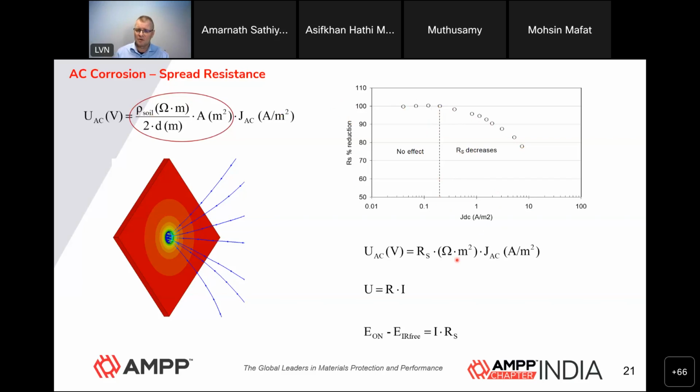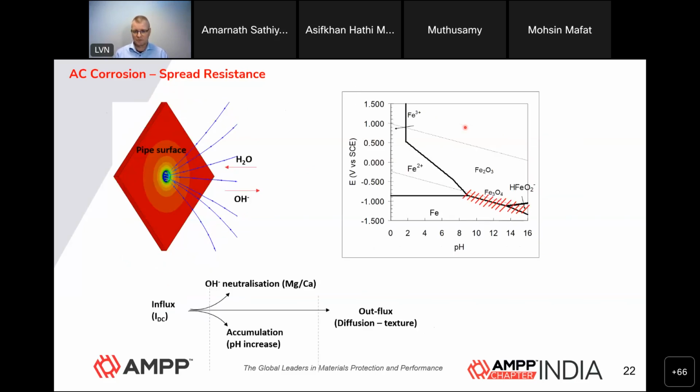Therefore, if you take note of Ohm's law here, you will see that the resulting AC current at the same level of AC voltage will actually start increasing a lot. So you can come into a situation where the operator itself, by not having control of DC, will create a situation with low spread resistance, and this is when AC corrosion starts coming through.